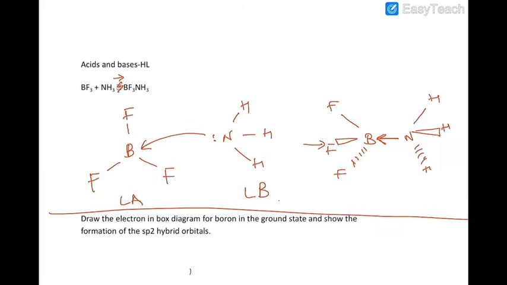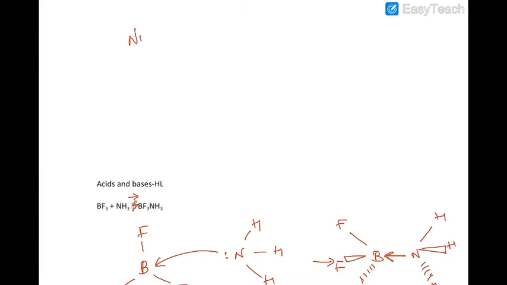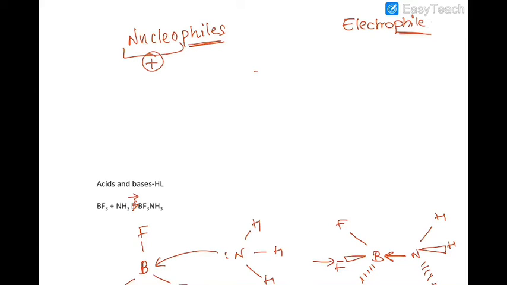Now we will stop here with the notes. I will mention something about nucleophiles and electrophiles. Phile means liking. Nucleophile means that it likes the nucleus. The nucleus is positively charged, so it likes positive charge. Electrophile: electrons are negatively charged, so an electrophile is a species that is attracted towards negative charges.